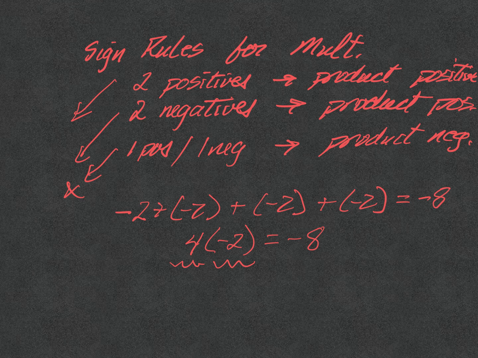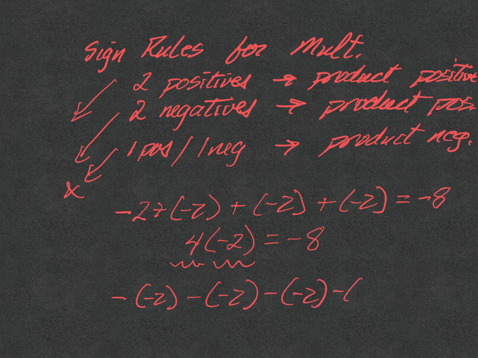So what about two negatives? What's the situation there? Well, the situation there is really interesting. We're not adding negative 2 to itself 4 times. We're actually subtracting negative 2 4 times. All right?